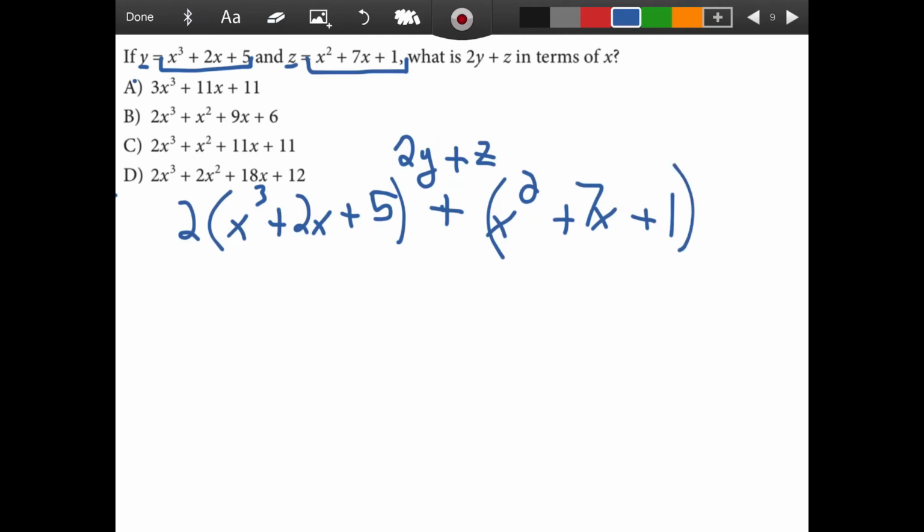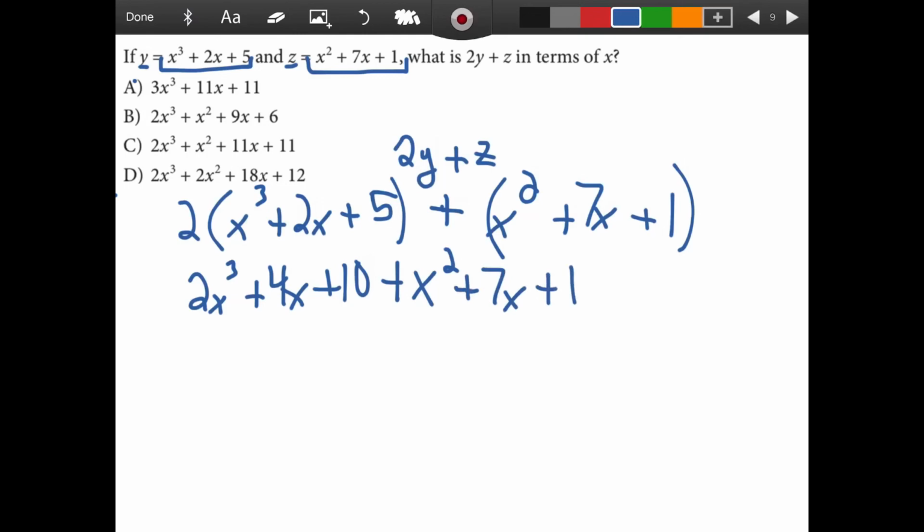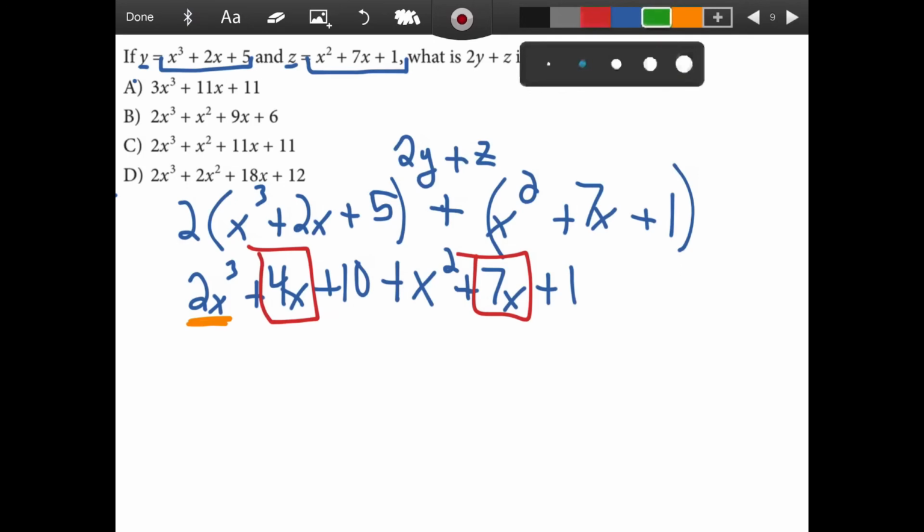So now distribute this 2, so I get 2x to the third plus 4x plus 10 plus x squared plus 7x plus 1. Now this is the only x to the third term, but I can combine 4x and 7x, those are like terms, and then I can also combine this 10 and this 1.